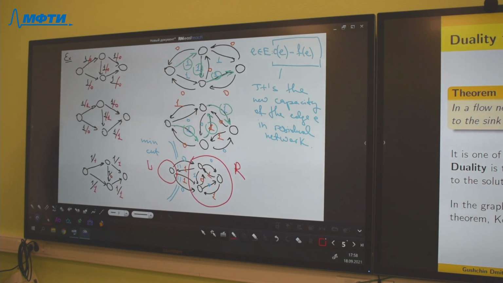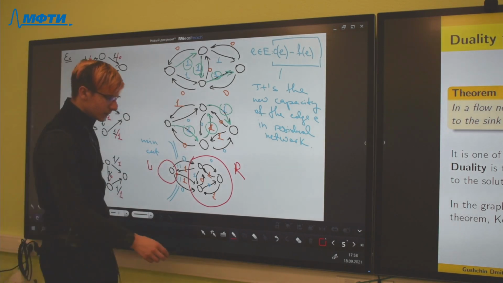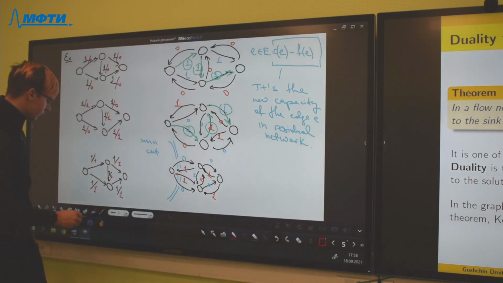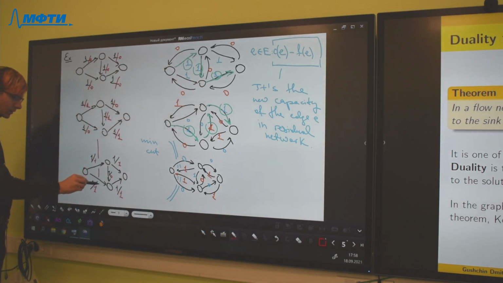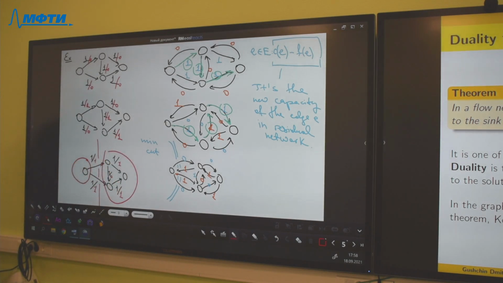For example, here we see, not in the residual network, we need to get here the minimal cut. We see there are two edges, and the sum of these edges is equal to 2, and it is the value of the cut.